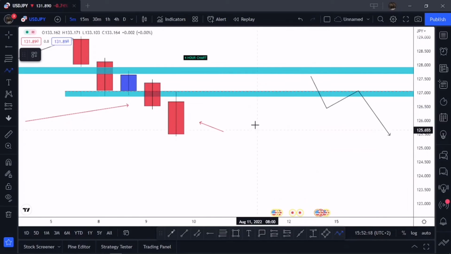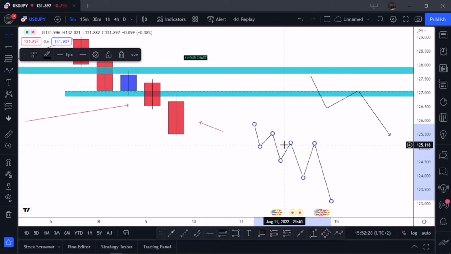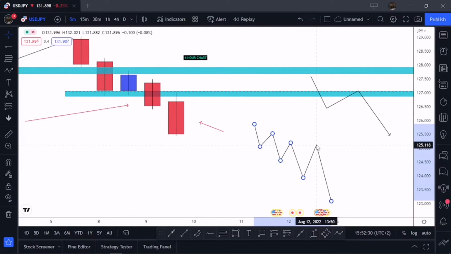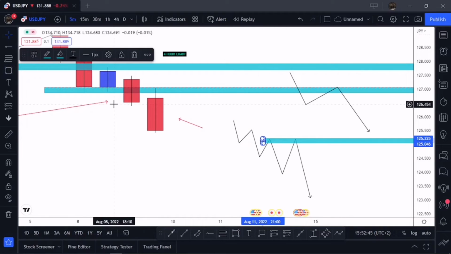You might just find that price was just coming to tap back a double top or retest, whatever the case may be. So then you'd find your entry right here, right there.